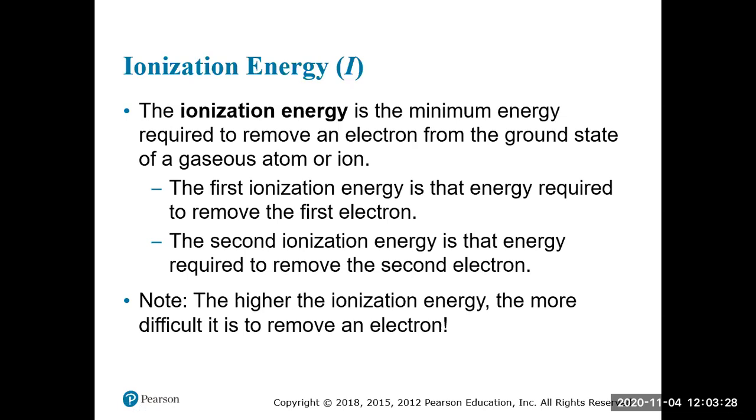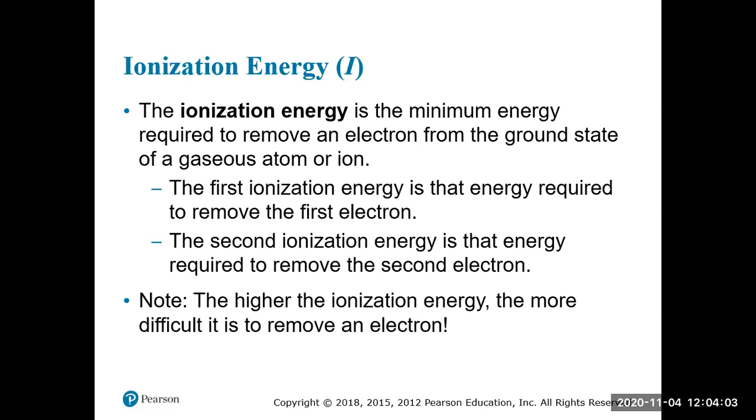So there are different ionization energies. The first ionization energy is the amount of energy you need to put into something to remove the first electron. The second ionization energy, as you might guess, is the amount of energy to remove the second electron. It always requires more energy to remove that second electron than the first. And the higher the ionization energy, the more difficult it is to remove an electron.